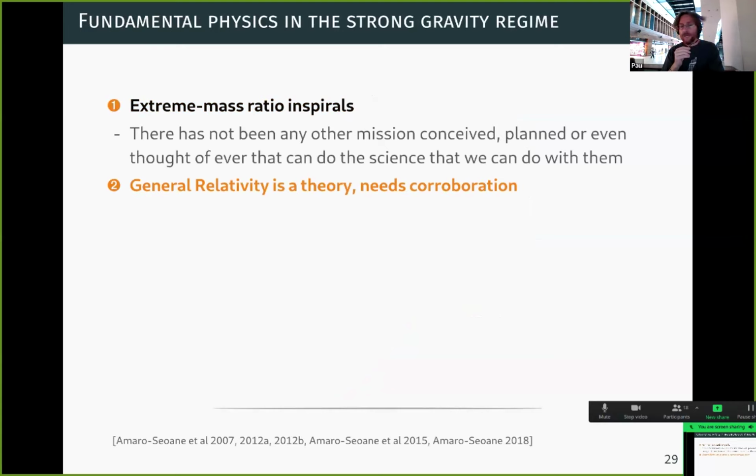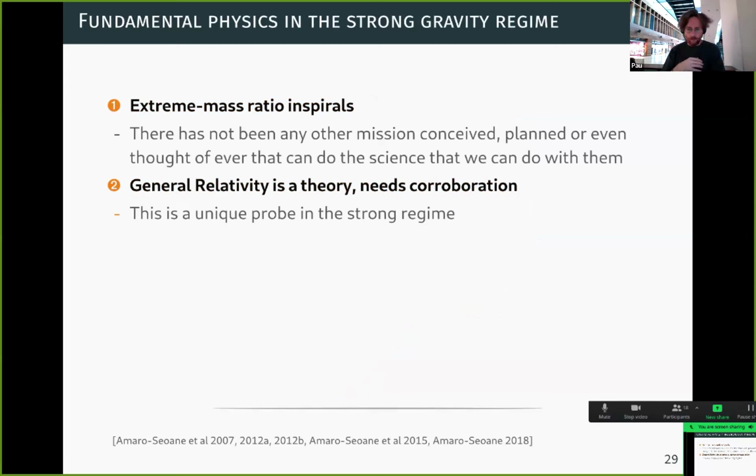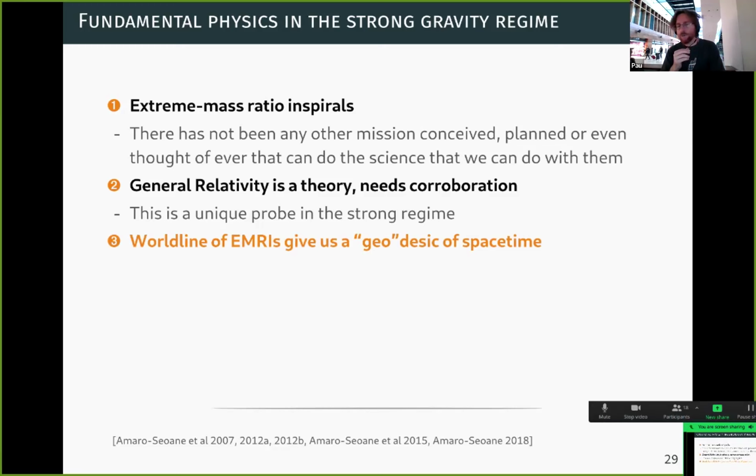General relativity, again, is a theory, and it needs corroboration. And we are talking about a unique probe in the strong regime. The small object follows a geodesic of the spacetime, with geo in quotation marks because geo refers to Earth, but nevertheless.